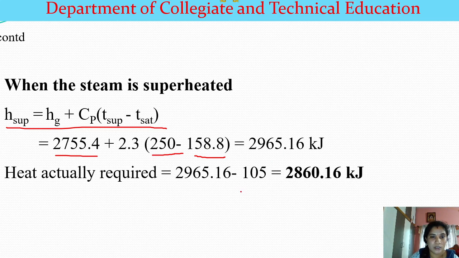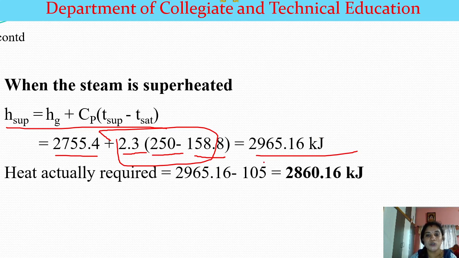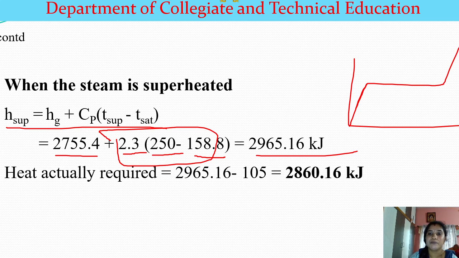Substitute all the values. First, you have to subtract the thing which is inside the bracket. Then you multiply the values of this two with 2.3. Then you add this entire value with 2755. So at the end you'll get the answer as 2965.16. So this is the value we'll get when we heat the water from 0 degrees Celsius.